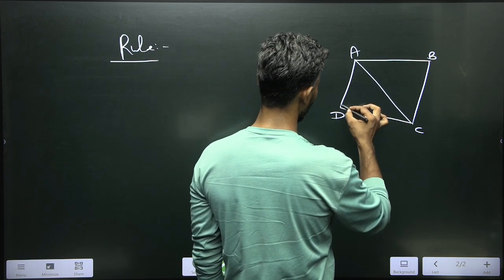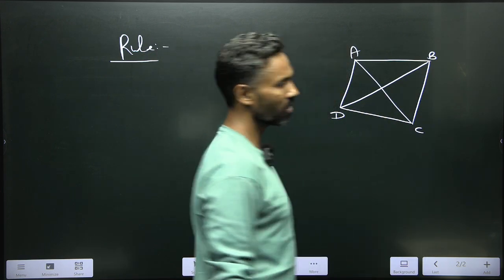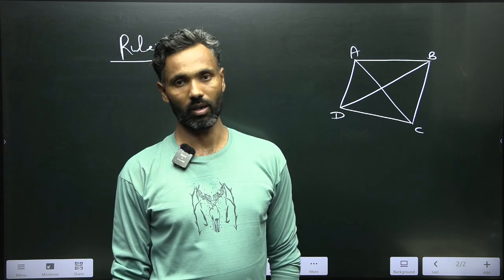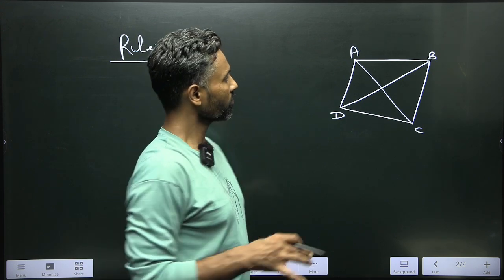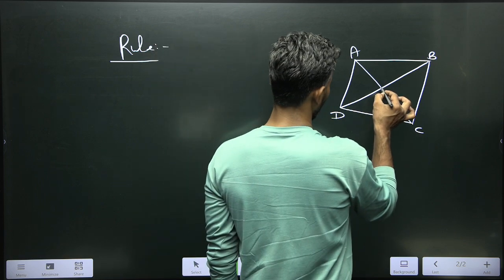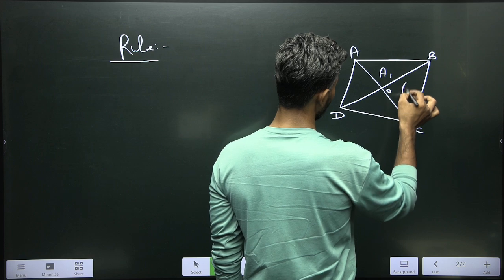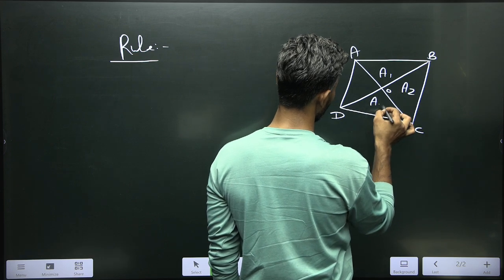Diagonal 1 and diagonal 2. Now you can see that the quadrilateral is divided into 4 different triangles. Suppose triangle AOB has area A1, the area of triangle BOC is A2, the area of this triangle is A3, and the area of this triangle is A4.